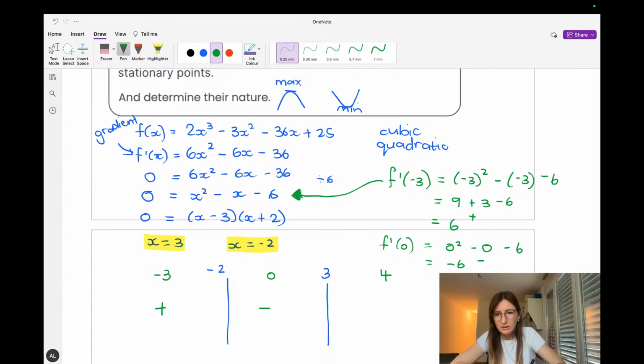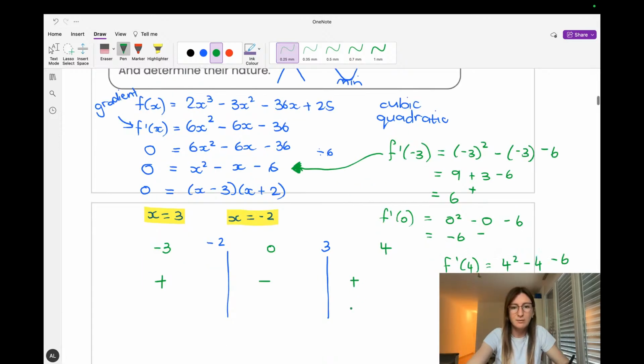A bit messy, sorry. So we have 4 squared minus 4 minus 6, which is 16 minus 4 minus 6, which is 16 minus 10, which is also 6. So that is positive.